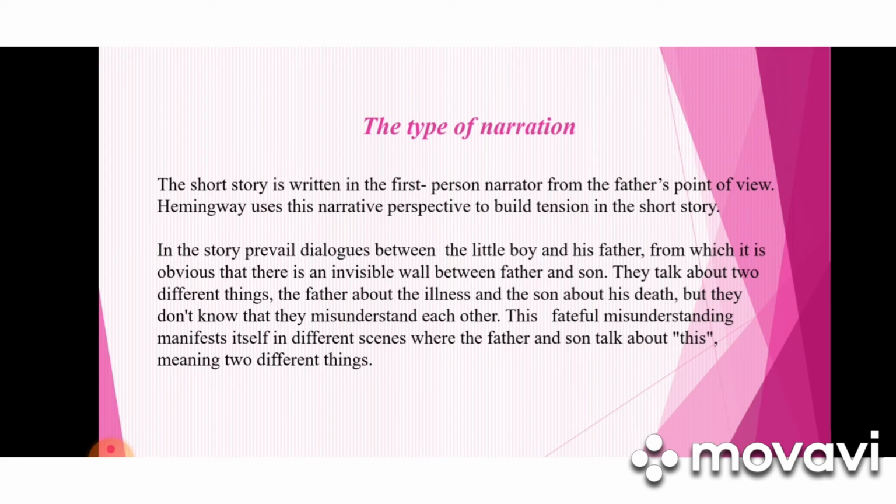They talk about two different things, the father about the illness and the son about his death, but they don't know that they misunderstand each other. This fateful misunderstanding manifests itself in different scenes where the father and son talk about this, meaning two different things.